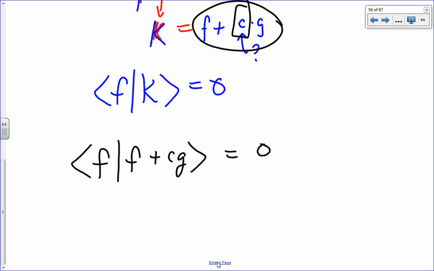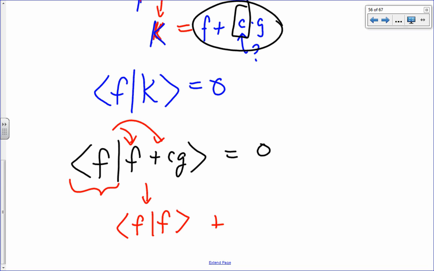How can I simplify this? This is just a linear operator, right? So I can distribute. I can write this as the integral of f star f d tau plus the integral of f star cg d tau equal to 0.